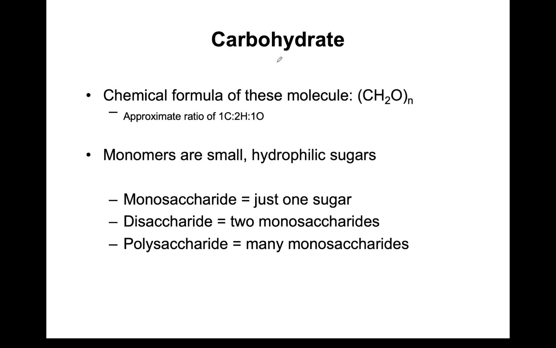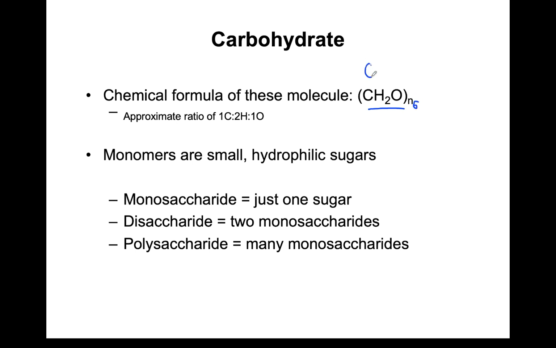The chemical formula of carbohydrate is this one, CH2O. So approximately the ratio between carbon, hydrogen, and oxygen is 1 to 2 to 1. This N means how many monomers you have, so the number of N can be increased. In the case of glucose, N equals 6.